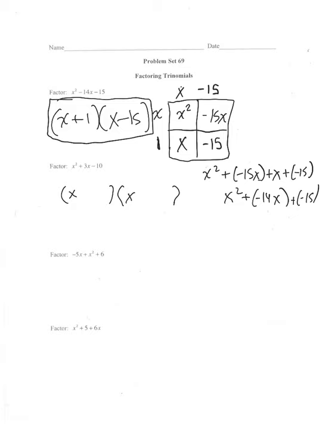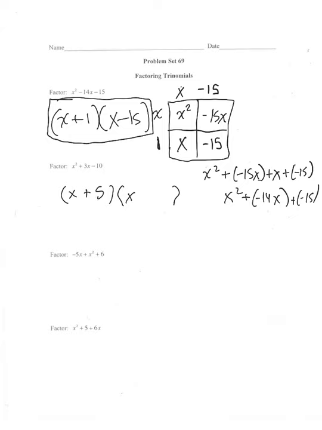I might say, well, negative 5 times 2 is negative 10, but negative 5 plus 2 is negative 3. So maybe I need to switch those so that actually it's positive 5 and negative 2.